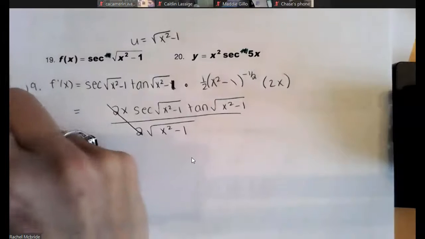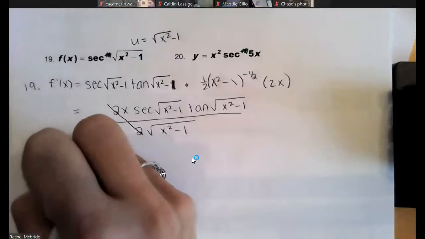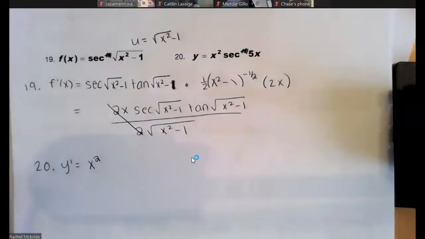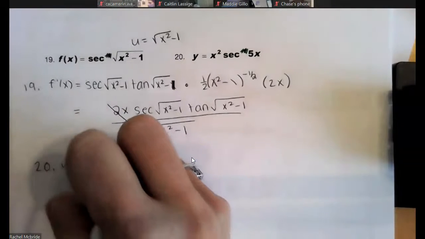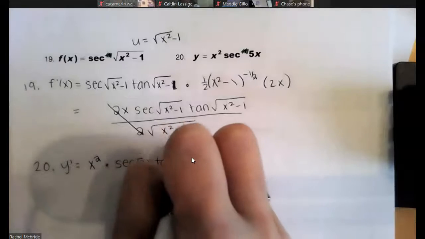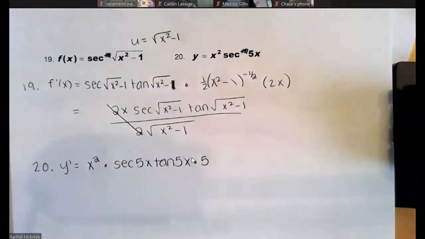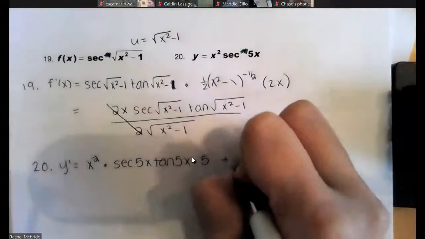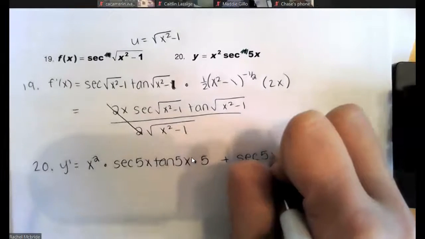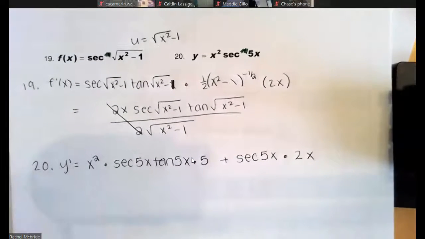And then number 20, you have your first, which is x squared, times derivative of the second. Make sure when you do derivative of the second, you take the derivative of the inside, which is 5, plus the second times derivative of the first.